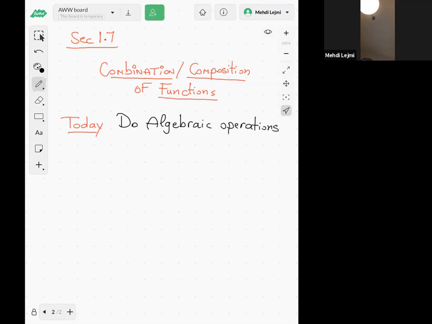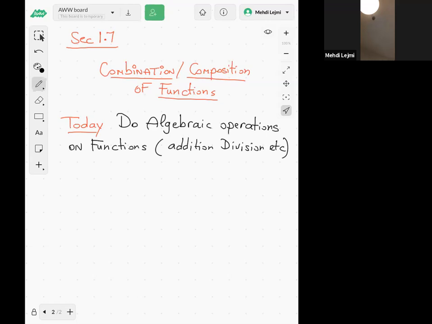It's just addition, subtraction, multiplication, division, etc. operations on functions.